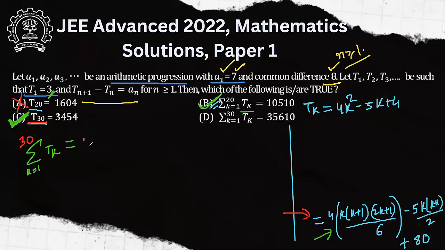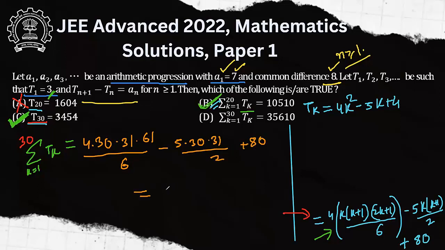So that is 4 times 30 times 31 times 61 upon 6, minus 5 times 30 times 31 upon 2, plus 80. This will come out to be 35615. And in the option it is given 35610. So certainly this is not a correct choice.